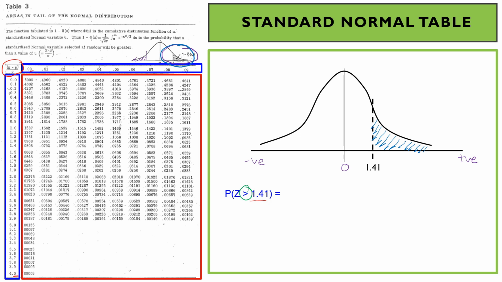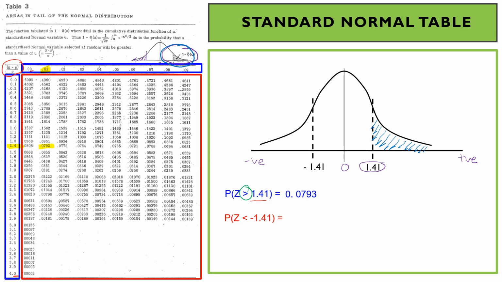This one, exact value 1.41. Where is 1.4? Here. And then the second decimal is 0.01. Therefore, the probability value is 0.0793.